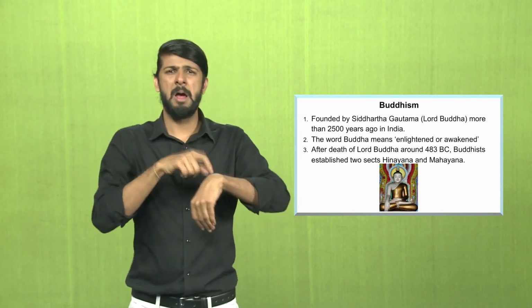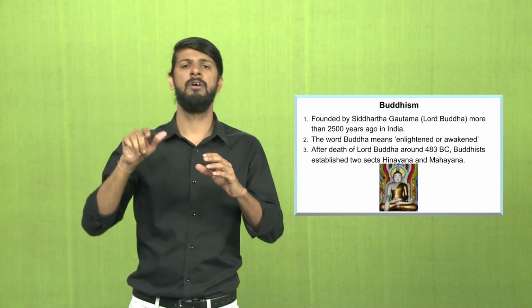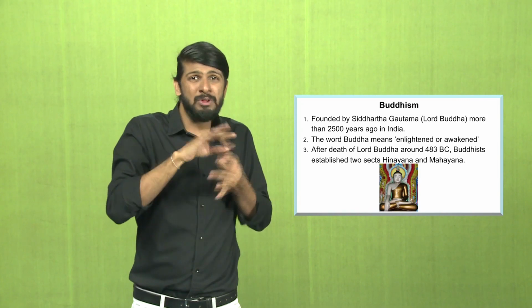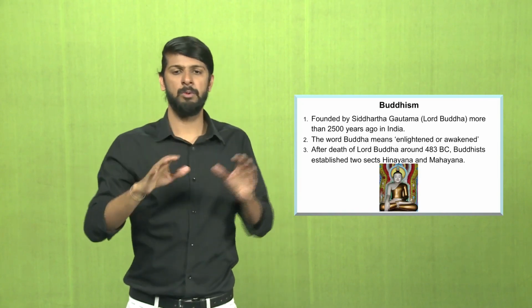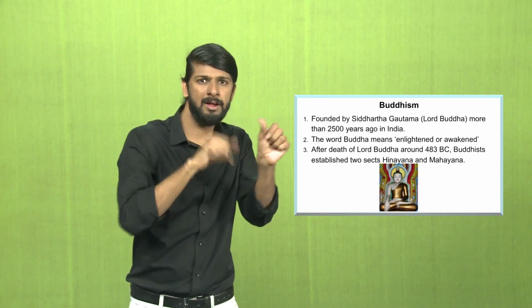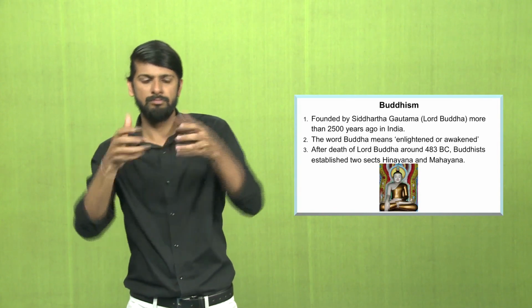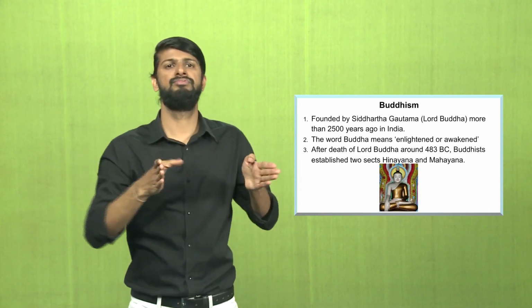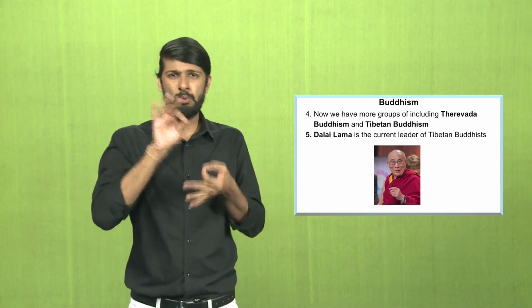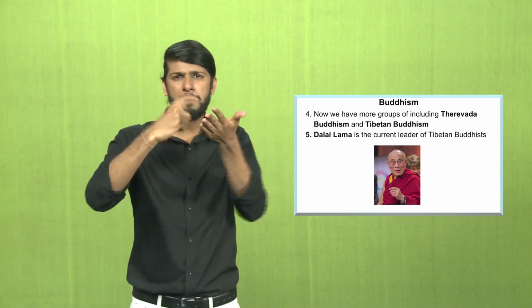After the death of Lord Buddha, which is around 483 BC, the followers of Buddhism established two sects, which is Hinayana and Mahayana. Now we have more groups.